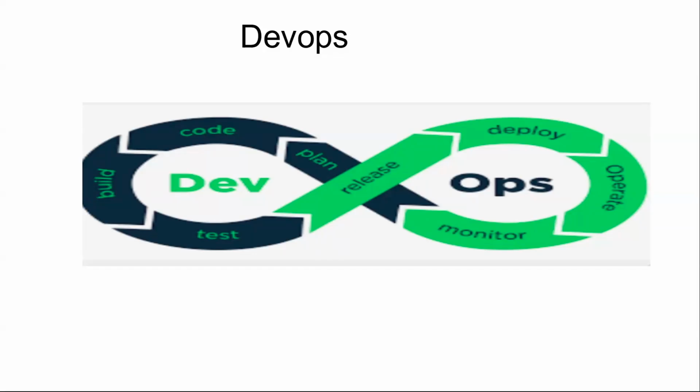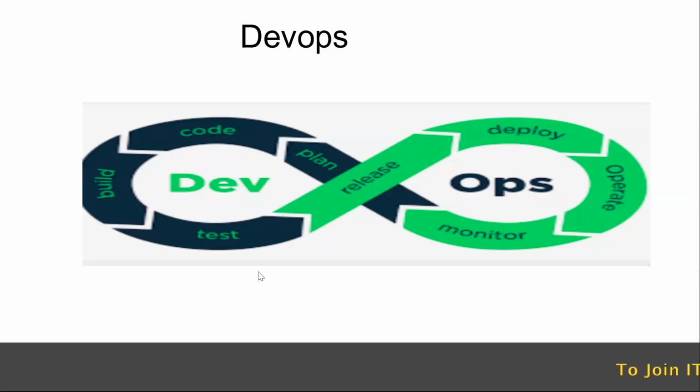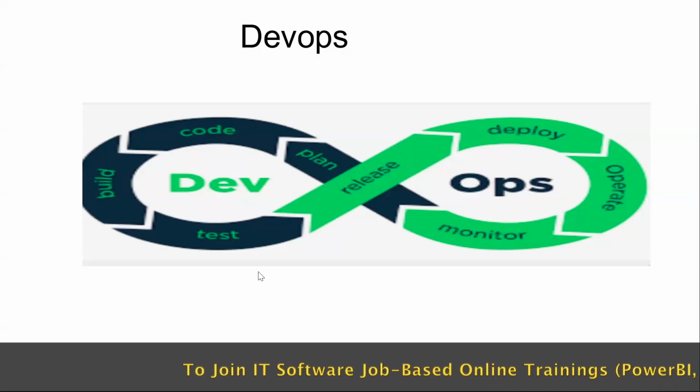Then we'll go on to other tools like Docker, Jenkins, Kubernetes, then monitoring tools like Prometheus and Grafana. We'll also teach you how to upload it. This will definitely help you in building your resume and taking up a job.